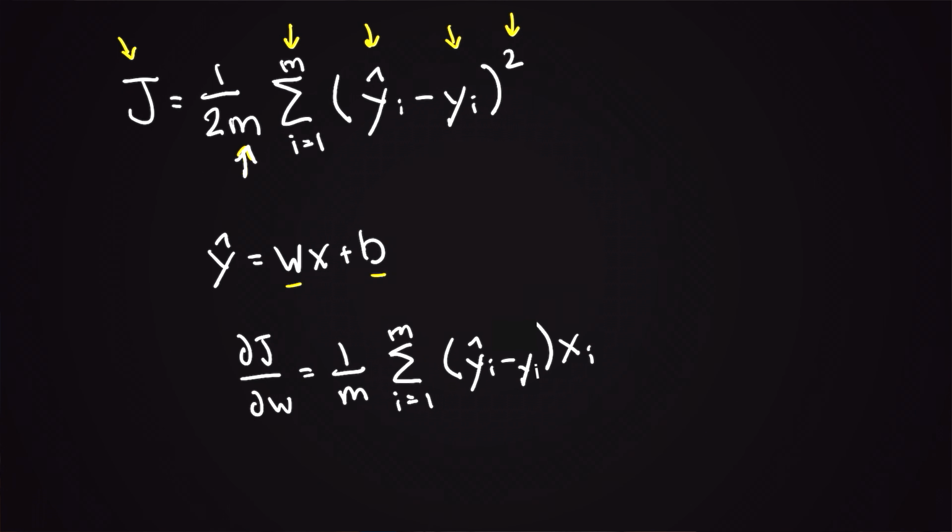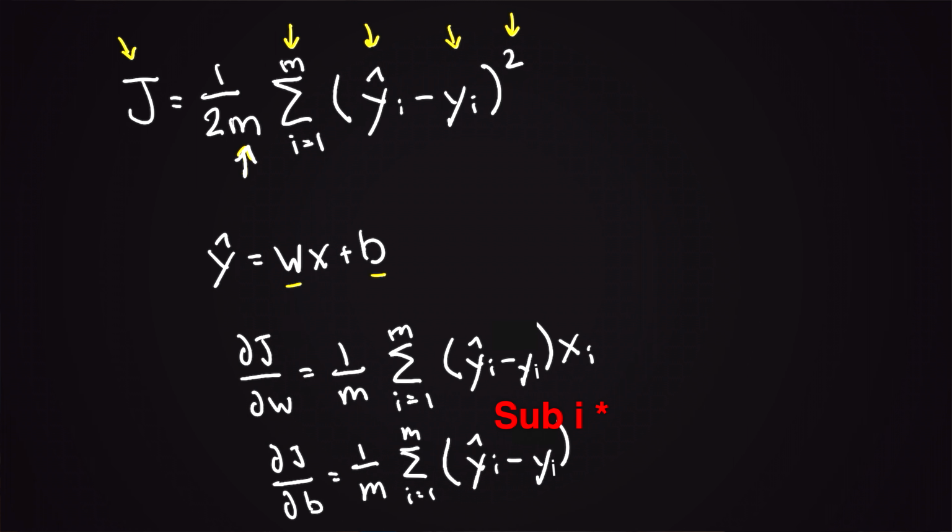And the second partial derivative, del J del b, is equal to 1 over m times the sum from i equals 1 to m of (y hat sub i minus y sub i). So these 2 partial derivatives are used to slowly update the model parameters w and b to help them converge closer and closer to more optimal values.